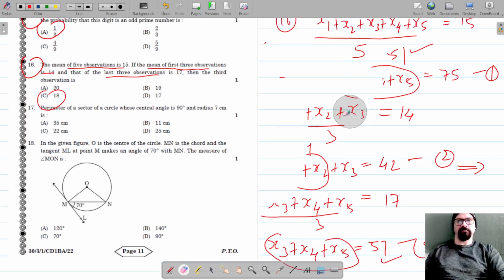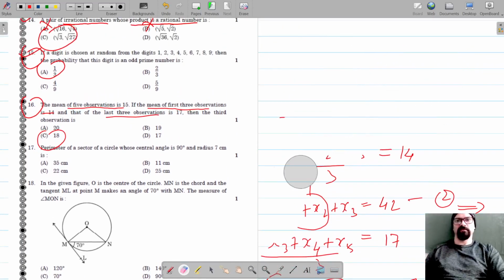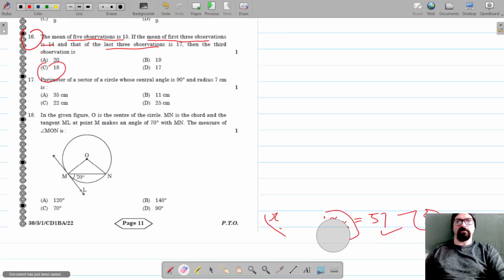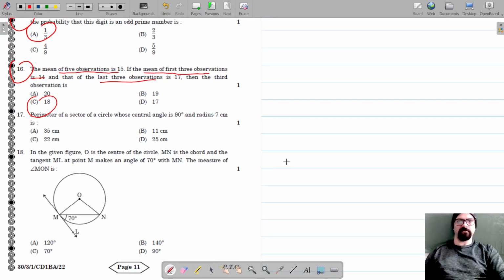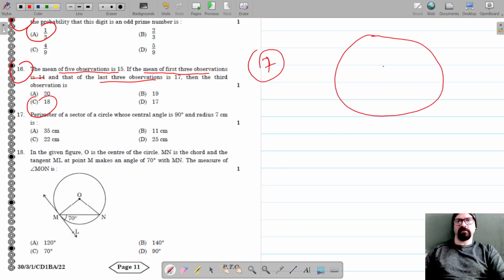Moving on to question number 17, we have to find the perimeter of the sector of a circle. Let this be a circle with a sector having a radius of 7 centimeters and 7 centimeters, and the central angle being 90 degrees. We have to find the length of the boundary of the sector, that is the 2 radii plus the arc.